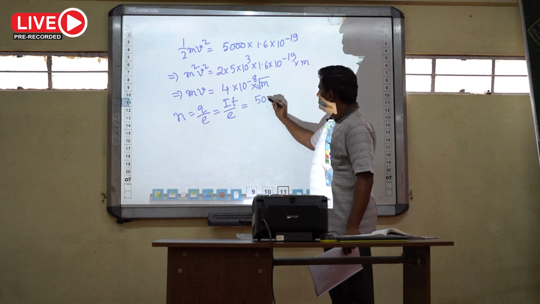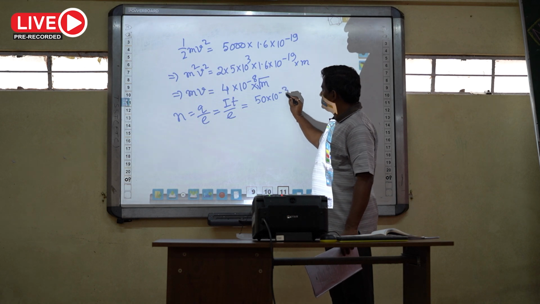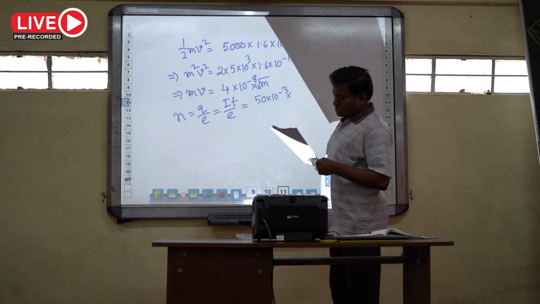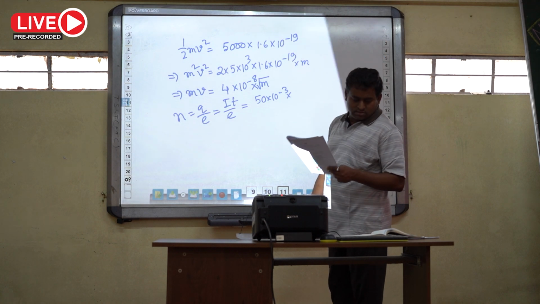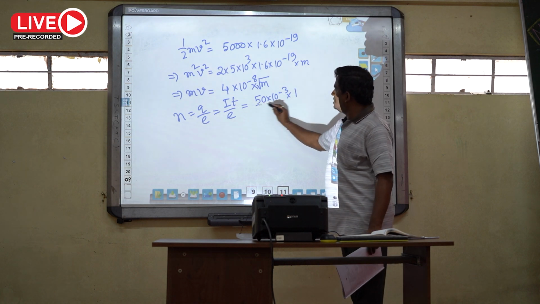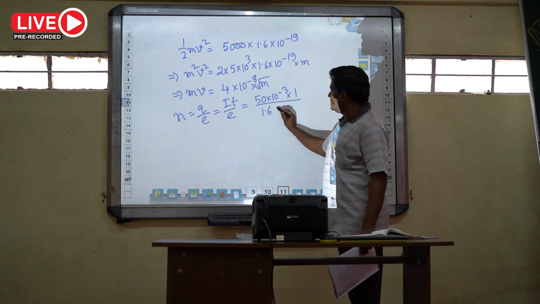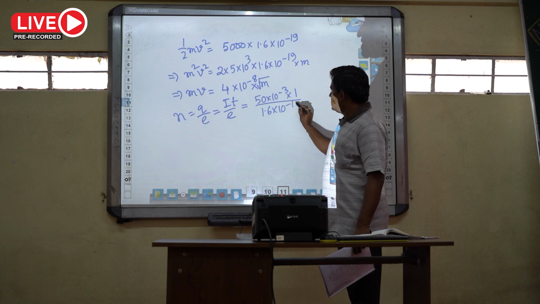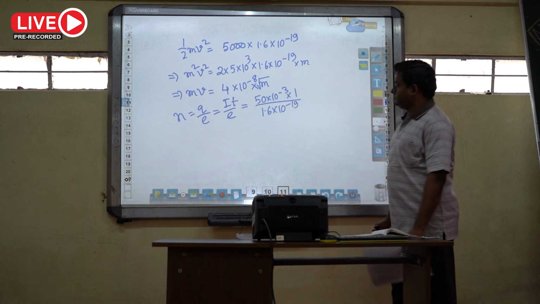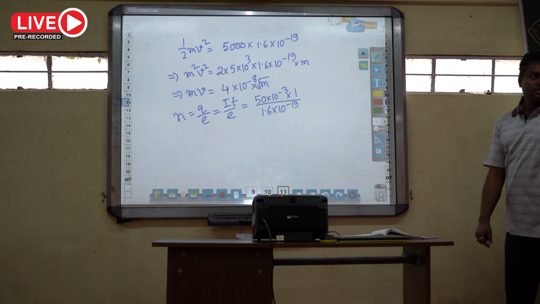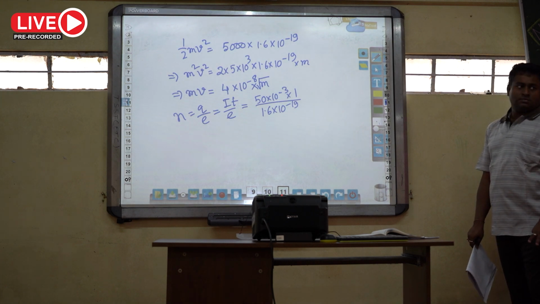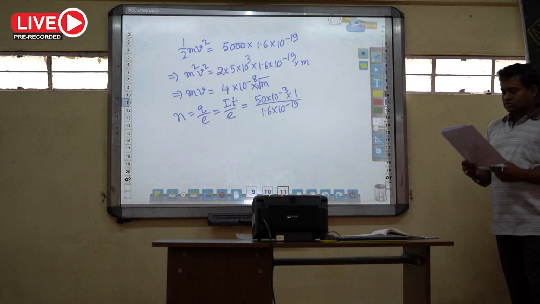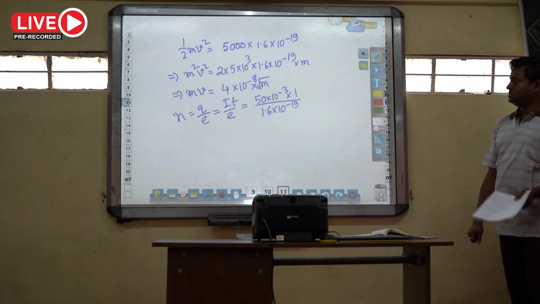So it is given 50 into 10 to the power minus 3 electrons striking the surface per second, so into 1 second divided by charge of the electron, 1.6 into 10 to the power minus 19. This one is n, the number of electrons striking the surface per second.